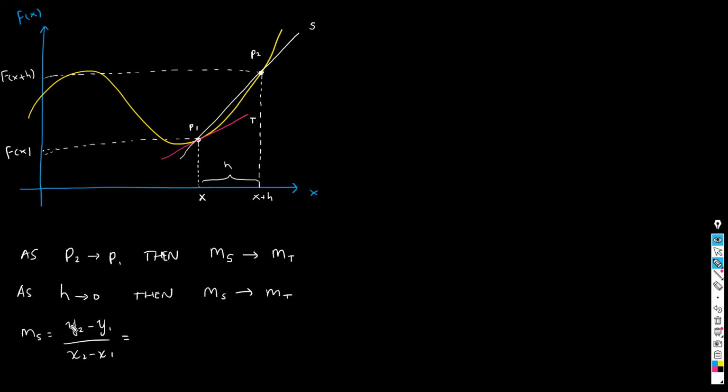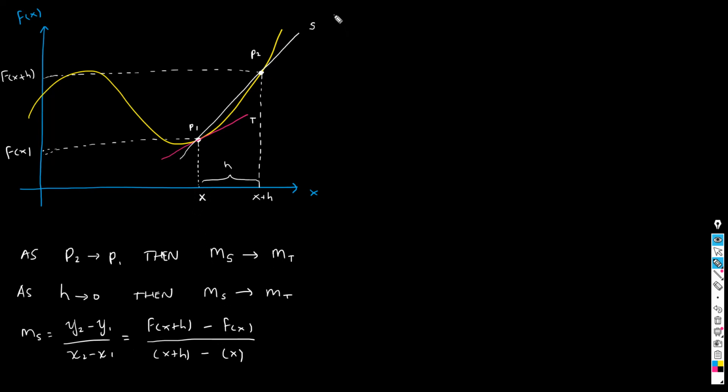y2 is the y coordinate of the point 2, which is this one, f of x plus h, minus the y coordinate of the point 1. This is point 1. This is its y coordinate, over the x coordinate of the point 2. This is point 2. This is its x coordinate, x plus h, minus x1, which is x.